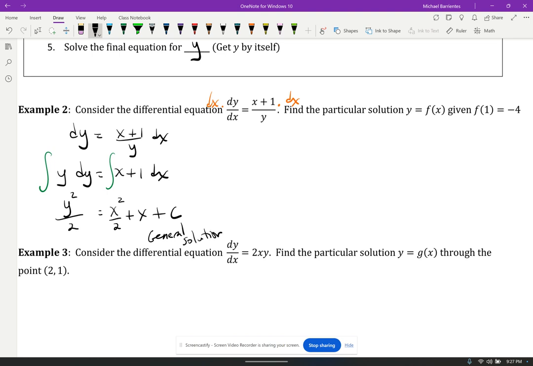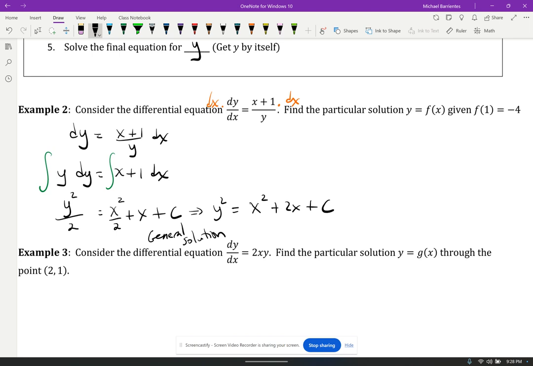It's the general solution because I figured out my antiderivative, but I don't know what the c is, so it's just a general solution to my equation. Technically, I could multiply everything by 2. If I multiply everybody by 2, I think you'll get this.